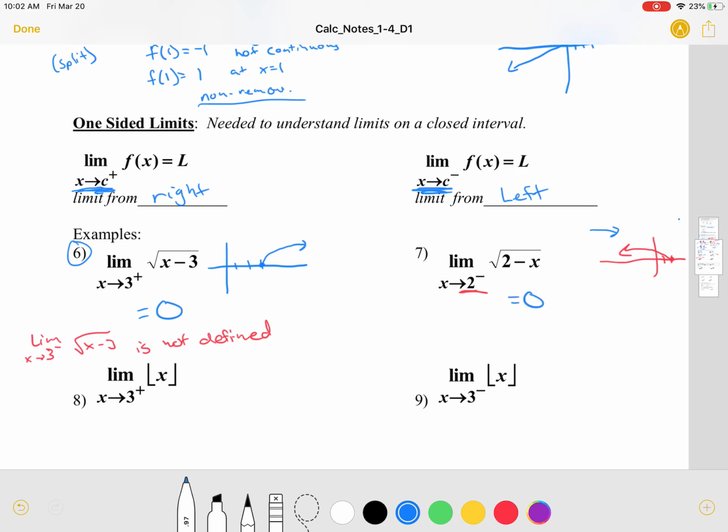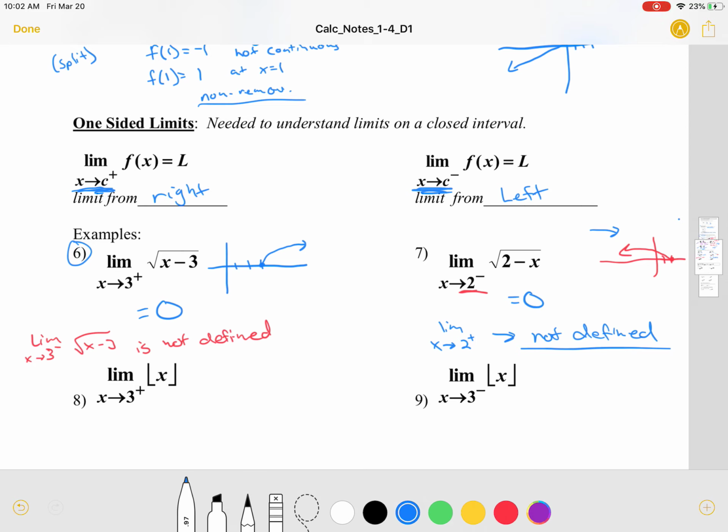If we looked at the limit as x goes to 2 from the positive side, that does not exist, or is not defined, I should say. There are no points to check. The graph ends at 2, so we don't have anything to check. It's undefined.